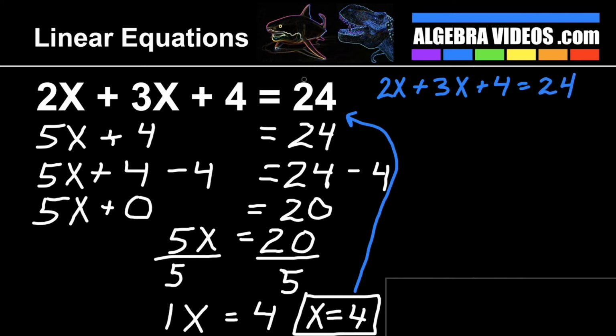All I did was rewrite this original equation from here to there. No change. But now I'm going to plug in the number 4 wherever there's an x. And we'll see if both sides stay equal.